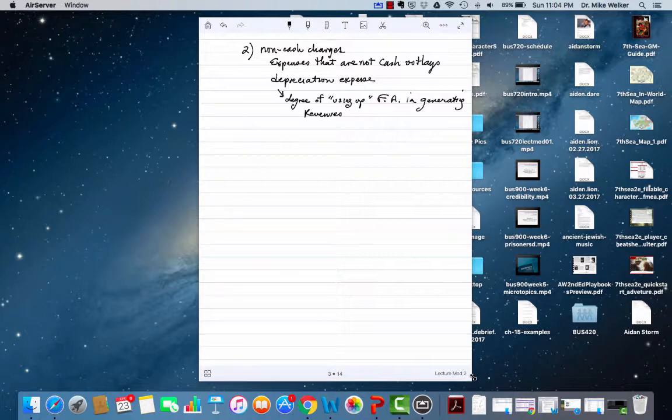There's a variety of other non-cash charges to note that you have to write off, maybe patents. Could be, maybe you have to change what's called goodwill in the company.